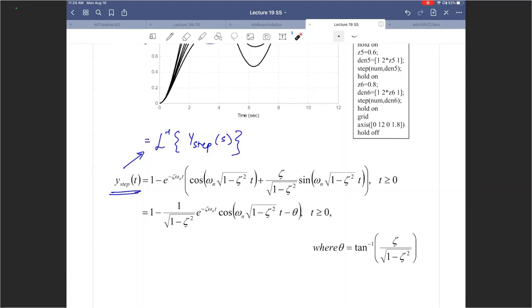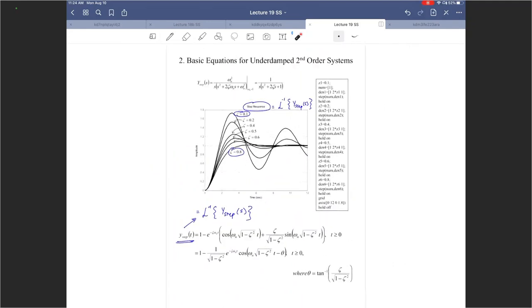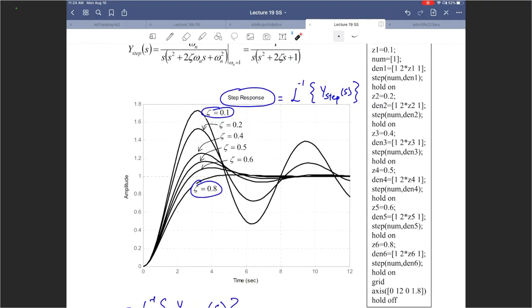We are not going to derive that. We are just simply going to observe how the damping factor and natural frequency are playing a role in this. For now, we are looking at the effect of the damping factor. As you increase the damping factor, your overshoot goes down. Essentially, that's what it is.